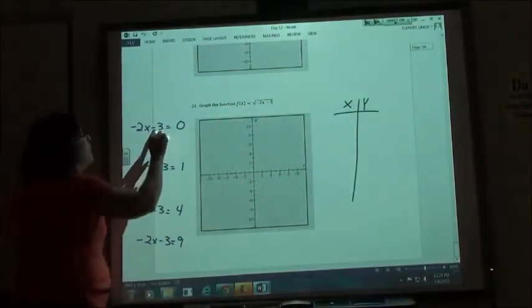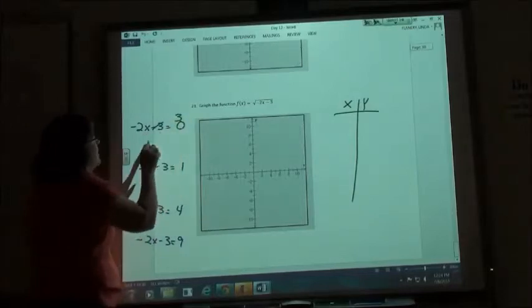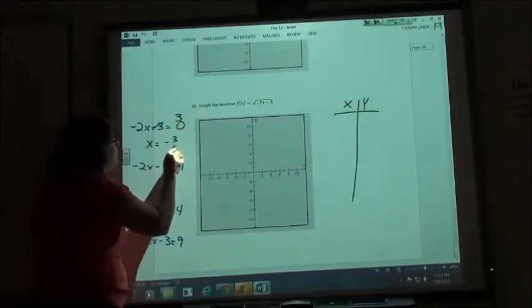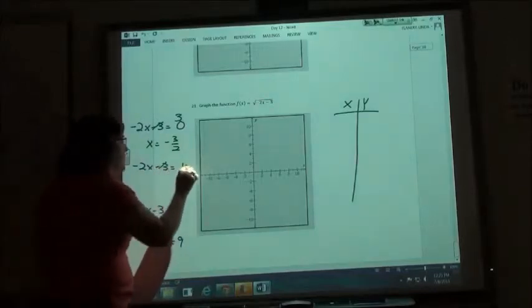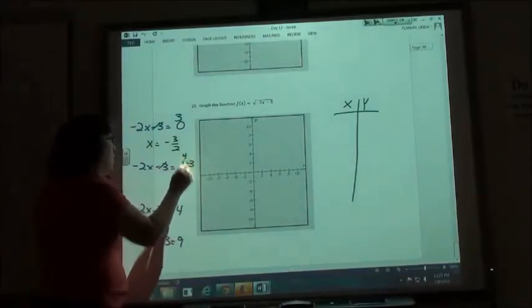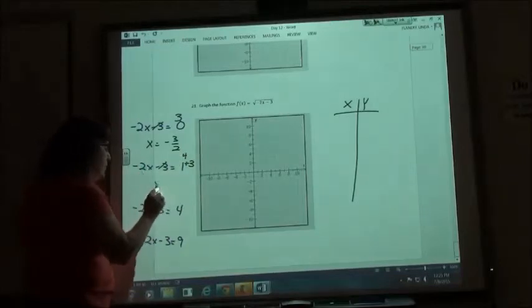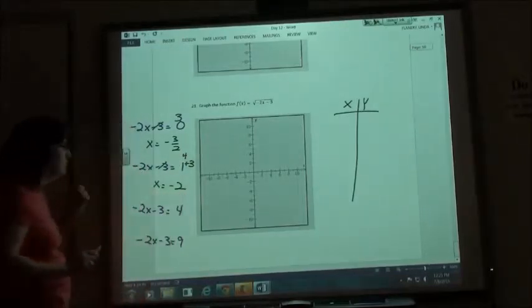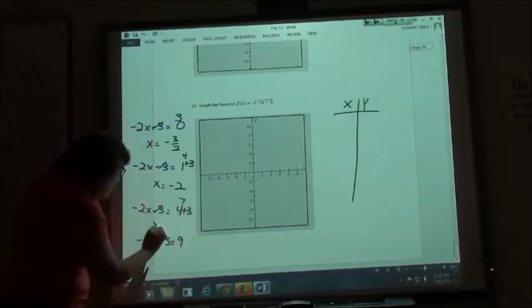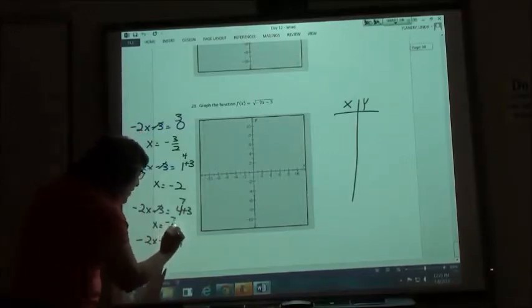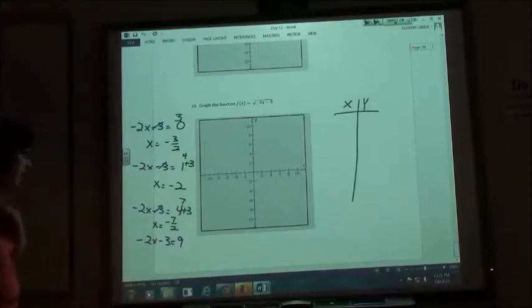So here we're going to add our 3. And so x is going to equal -3 halves, 3 over -2. Here I have to add my 3, which is 4. 4 over -2 would be -2. Here I'm going to add my 3, which is 7. So I'm going to get 7 over -2, or -7 halves.